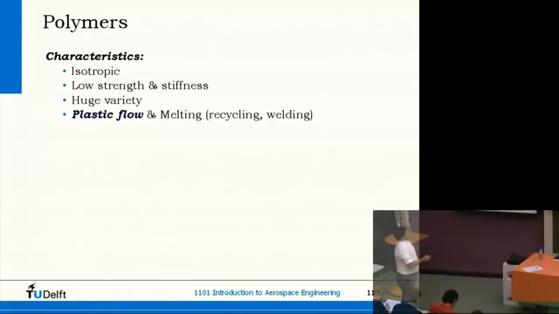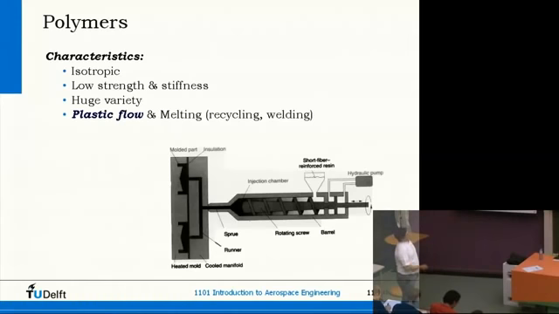Large variety, again also plastic flow. This is, for instance, a setup for injection molding. Here you have some polymer put into it, and then by a turning screw and heat, you force the molten liquid material into some cavities here, cool it down, and you have another two parts.